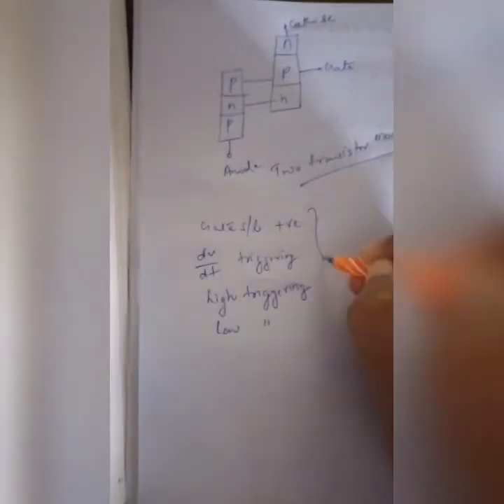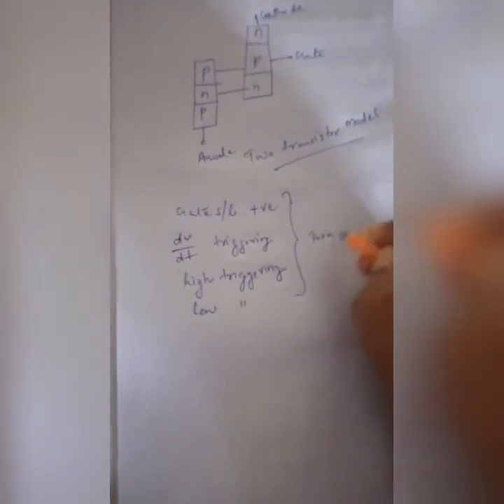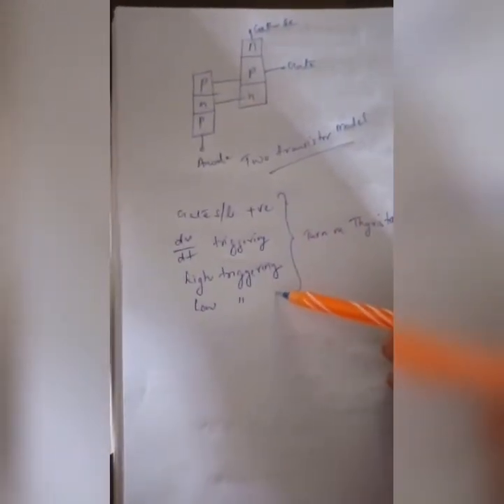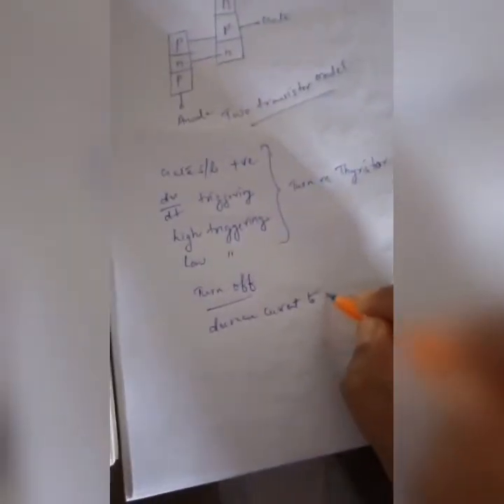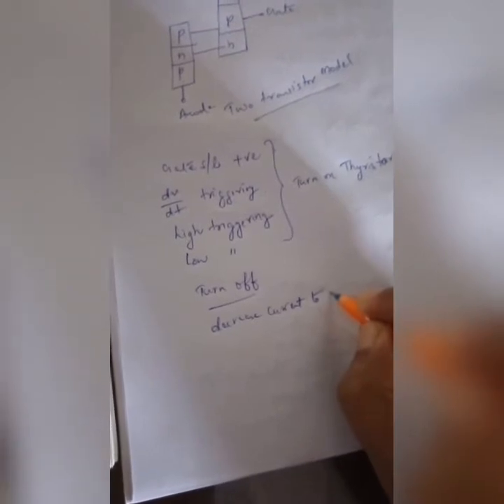These are the methods for turning on a thyristor: positive gate pulse, dV by dt triggering, high triggering, low triggering. To turn off a thyristor, we have to decrease the current to less than the holding current.